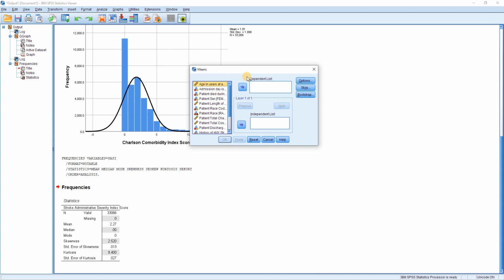So in my question here, I'm being asked, what is the mean patient age based on patient survival or death? So in this situation, my dependent variable is going to be age, and my independent variable is going to be death, or patient died.